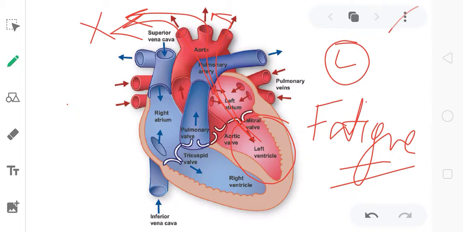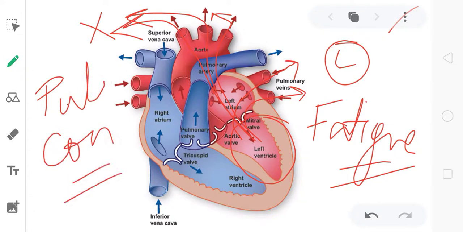Second, the failure of contraction of the left ventricle will cause the backflow of blood into the lungs. So there will be pulmonary congestion, and all the symptoms are the result of this pulmonary congestion. So what are the symptoms of left heart failure? The predominant symptoms are related to the passive congestion of the lungs and pulmonary edema.